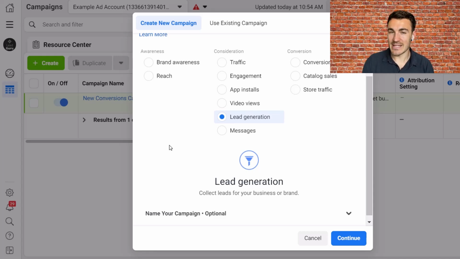The second key to success is to follow up as quickly as you possibly can, okay? If someone submits their information via one of your lead generation ads and you wait 48 hours to get in touch with them, the chance that you will get in touch with that person and then go on to convert them to becoming a customer of yours is significantly less than if you're able to contact people within a few hours of them becoming a lead.